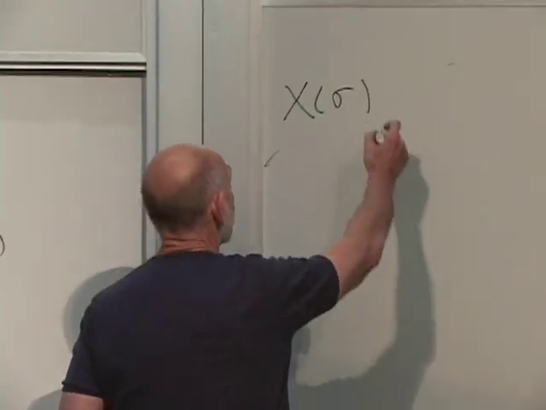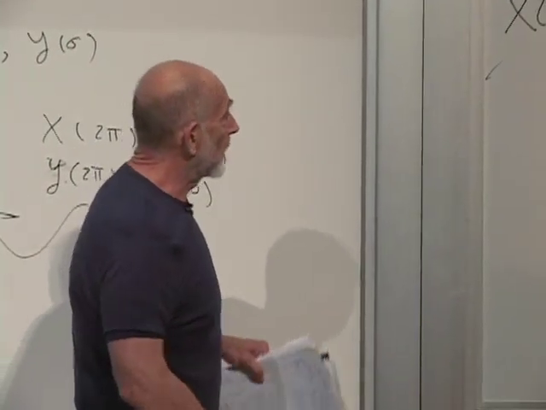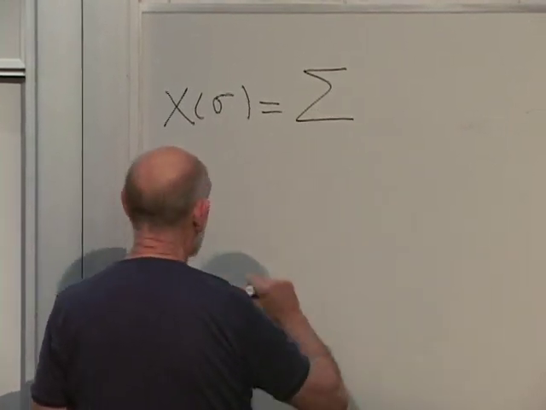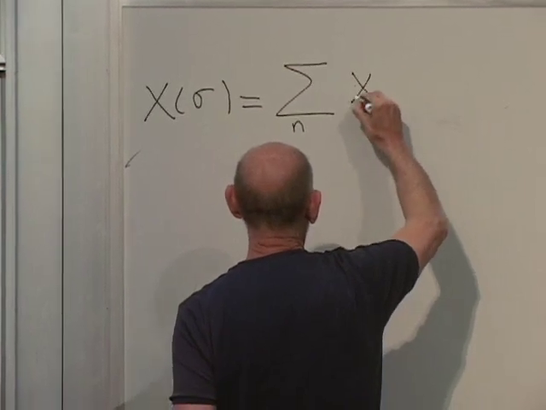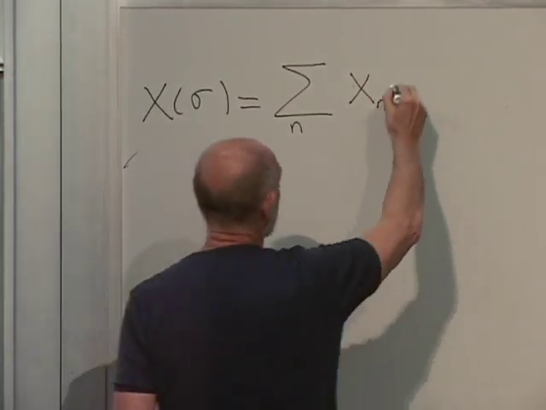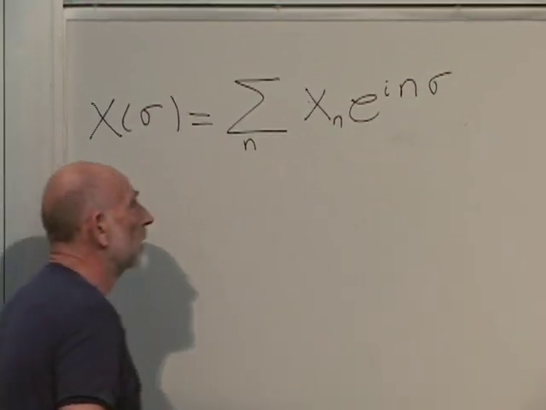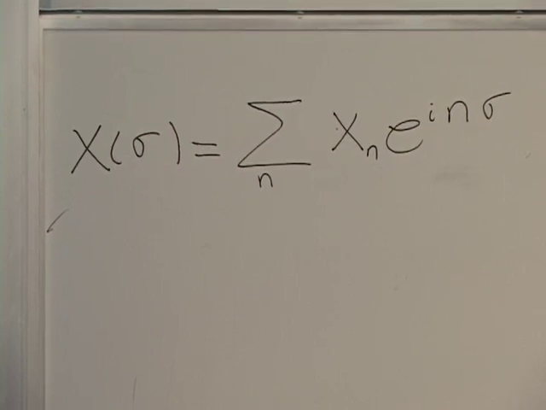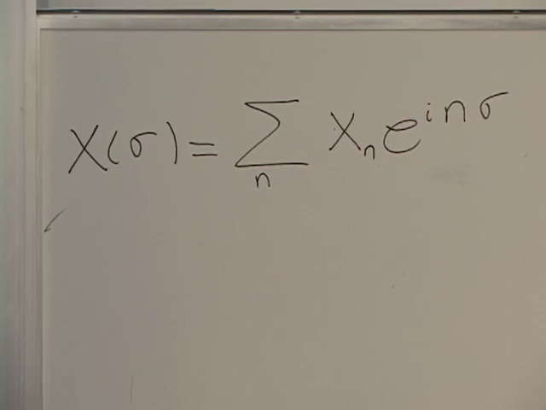The general form for the expansion of a function which is periodic with a period 2 pi is a sum over all integers of coefficients, let's call them x_n, times e to the i n sigma. n can be positive or negative. If n is positive, think of it as a right-moving wave. If n is negative, think of it as a left-moving wave.